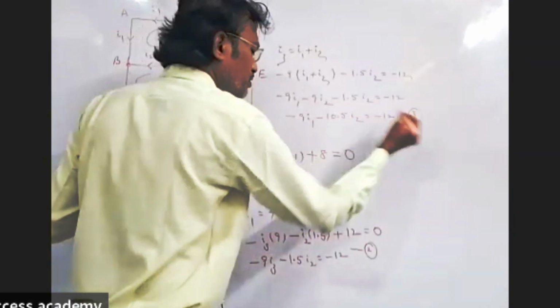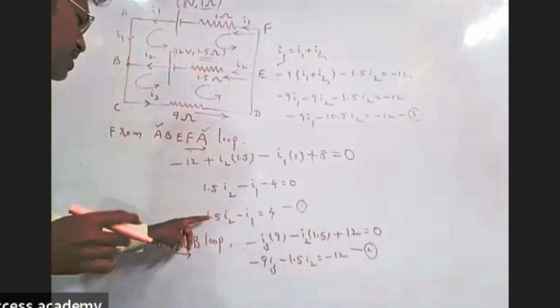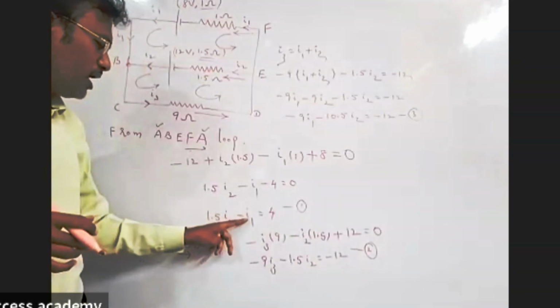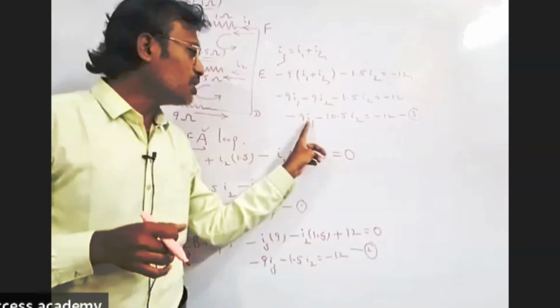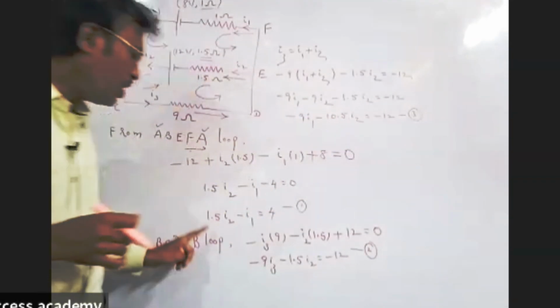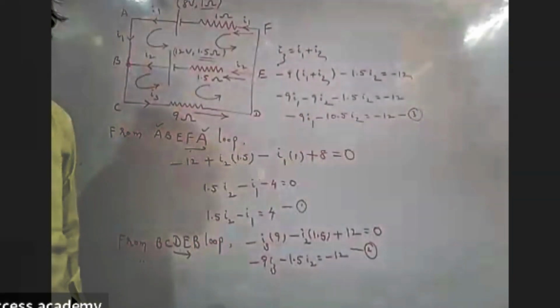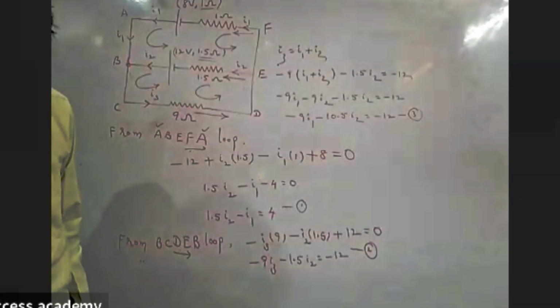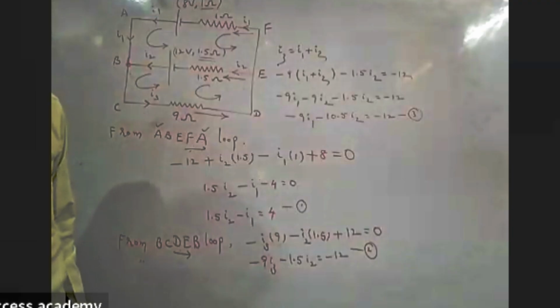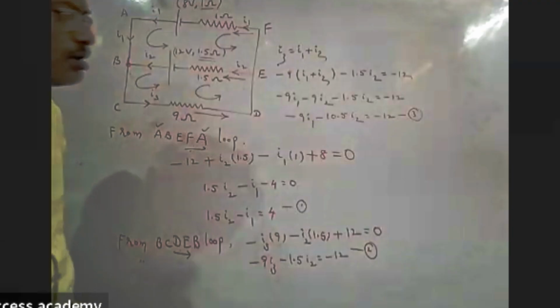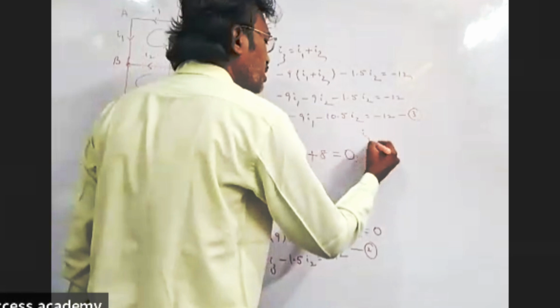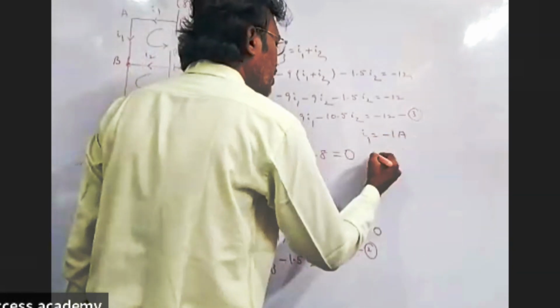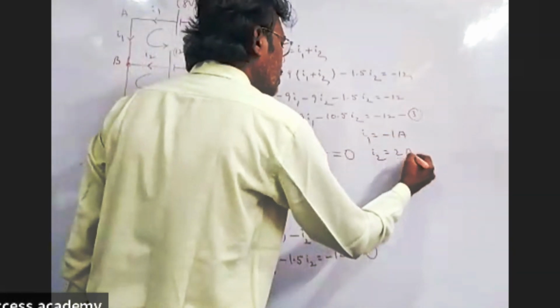This is the third equation. Now the first equation consists of I1 and I2, and the third equation also consists of I1 and I2. If you solve 1 and 3, you will get I1 equal to minus 1 ampere and I2 equal to 2 amperes.